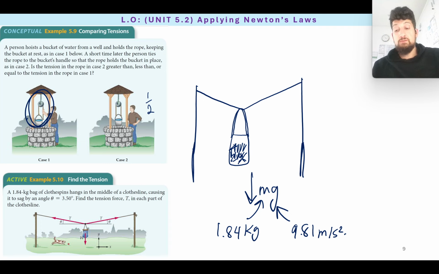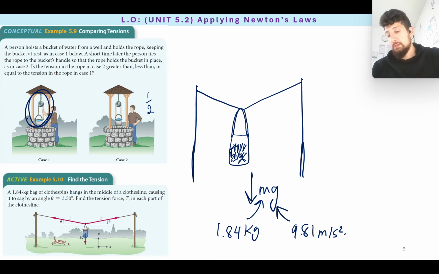Pause the video if you have to. I'm going to answer it now, but please pause the video. Give it a try. Here's a clue. Remember that the force upwards to counter the force of weight is going to be divided across two ropes. So this one is going to carry half the force, this one is going to carry half the force. But you're going to have to work out the vertical and the horizontal components. And now I'm going to solve it.